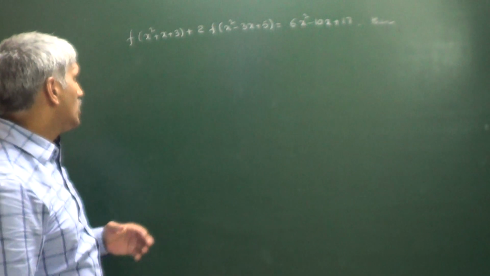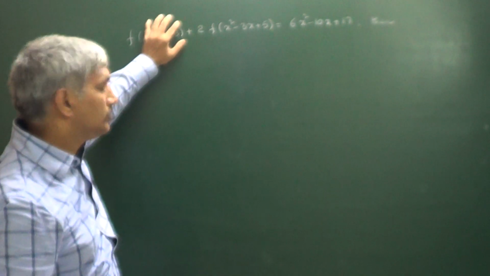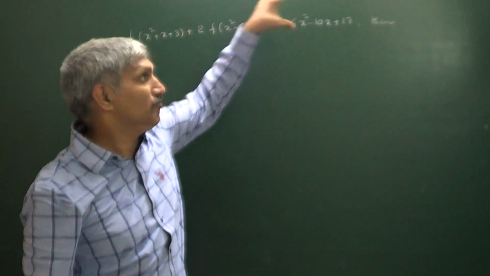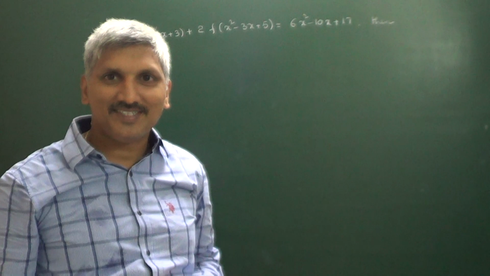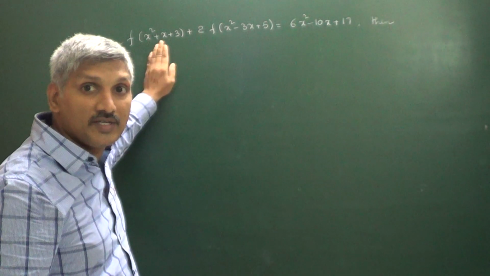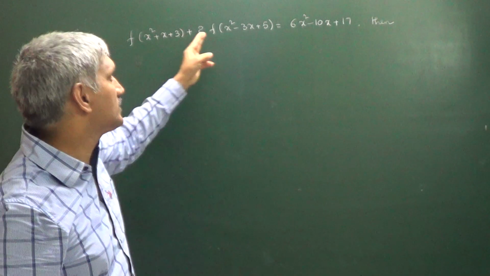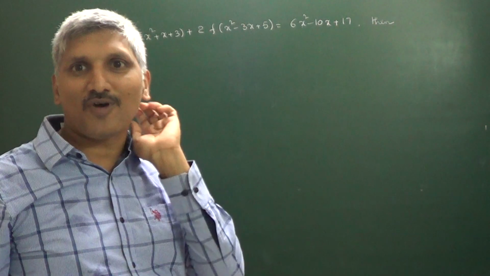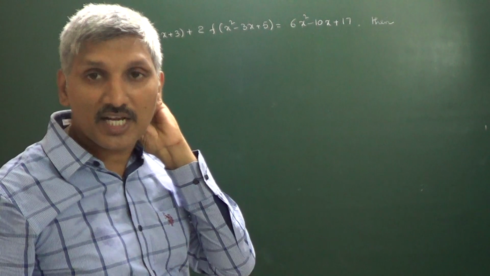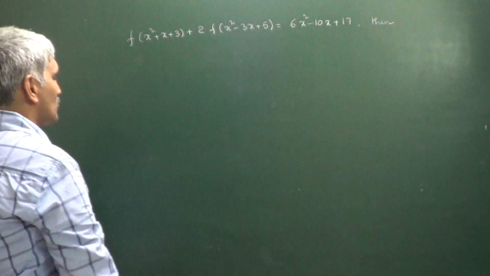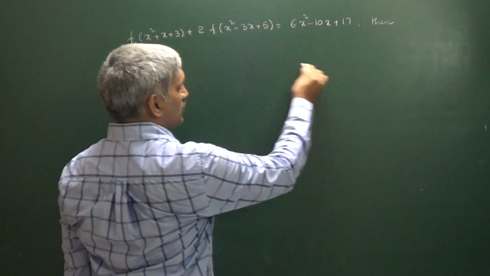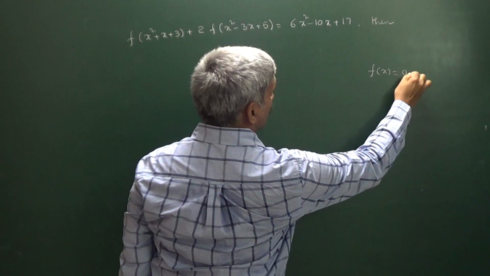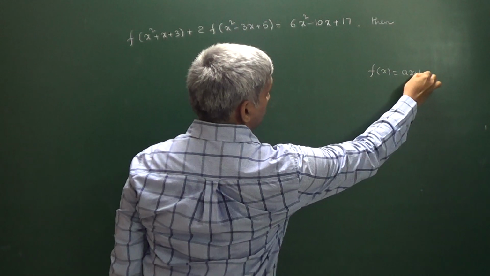Whether you observed or not, f of a quadratic plus f of a quadratic gives us a quadratic again, which is possible only when that function is linear. So f of x must be in the form ax plus b, then only is it possible to get a quadratic again.